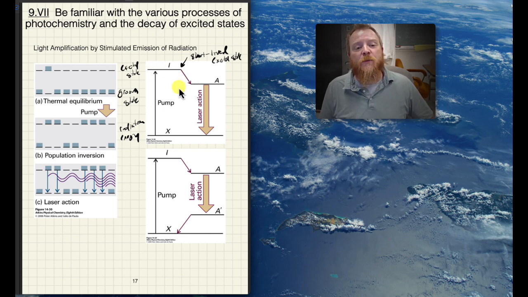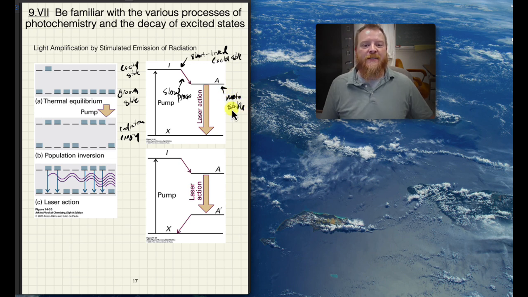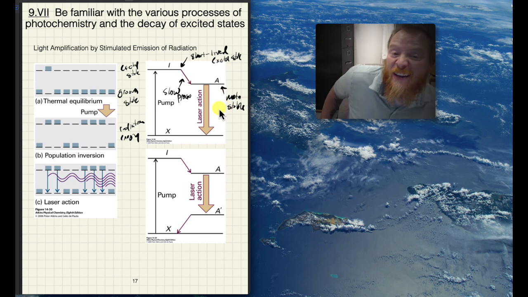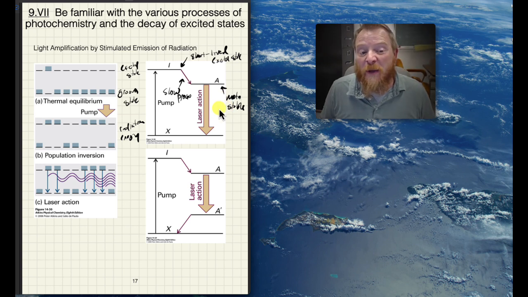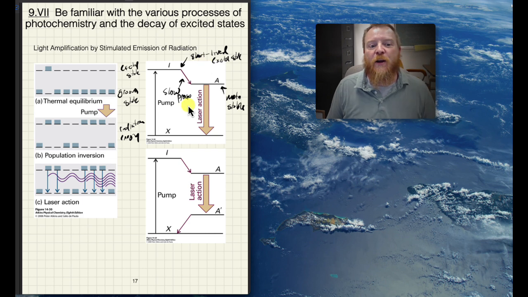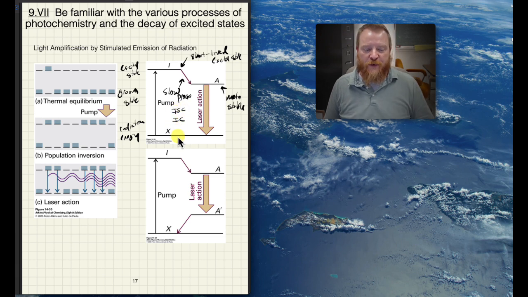And now presumably there's going to be some slow process to take it to what I'll call a metastable excited state. In other words, that metastable state can live a little bit longer in time than our short-lived excited state. That slow process is typically going to be non-radiative, like intersystem crossing or internal conversion.